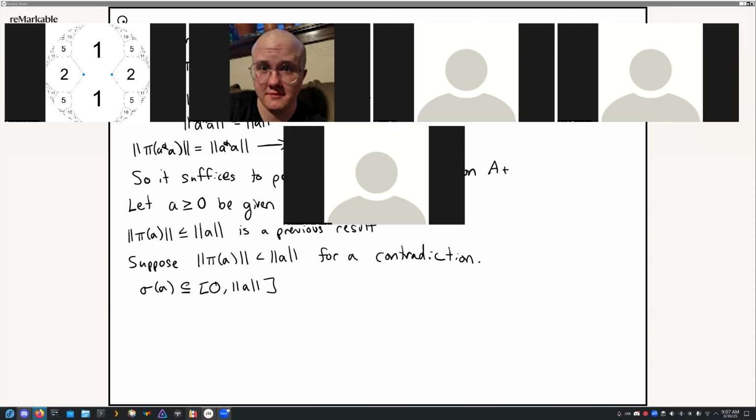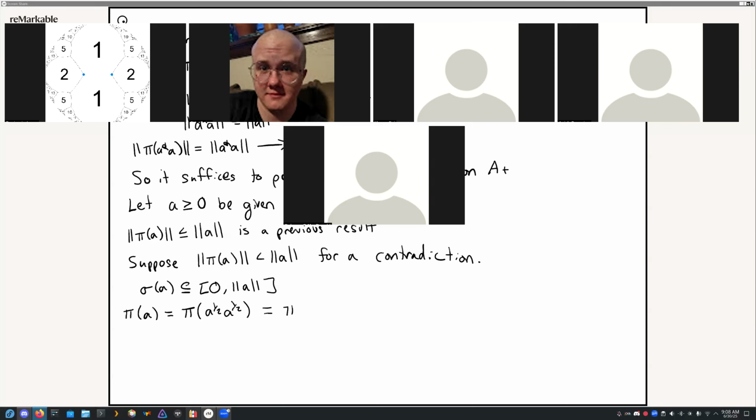And from our characterization of positive elements, we can see that pi of A is itself positive, for the same reason we had at the start of the proof. Pi of A is pi of the square root of A times the square root of A, and the square root of A is self-adjoint.